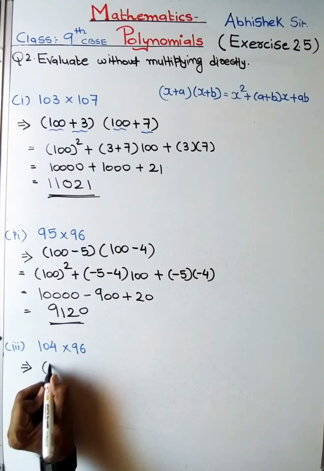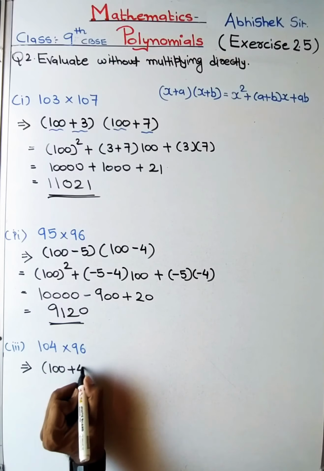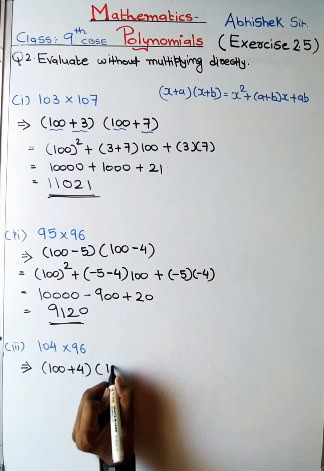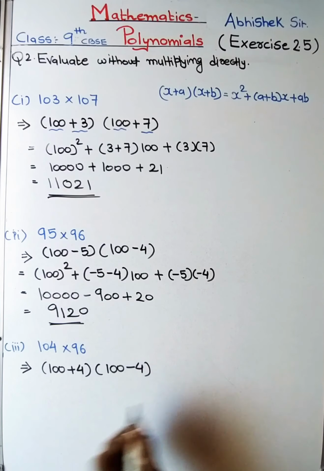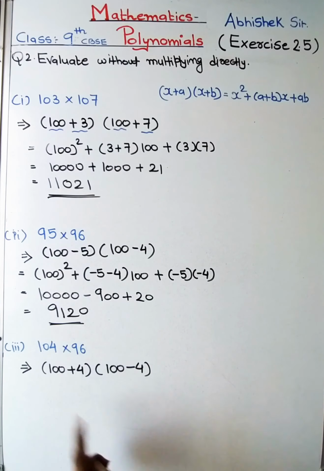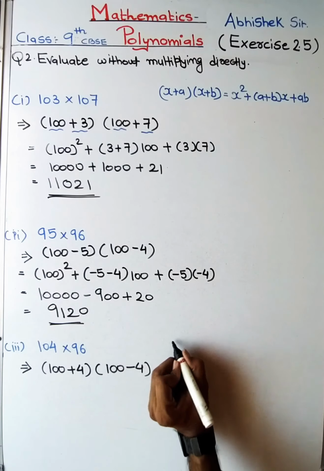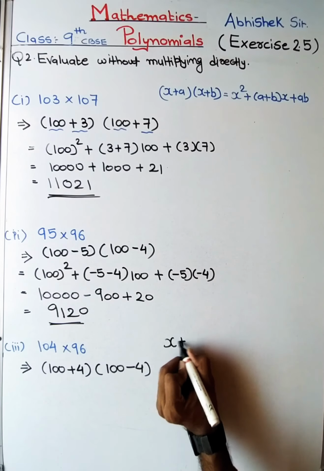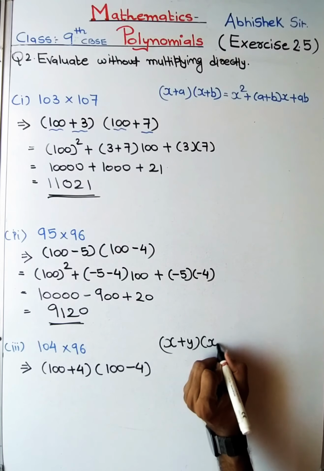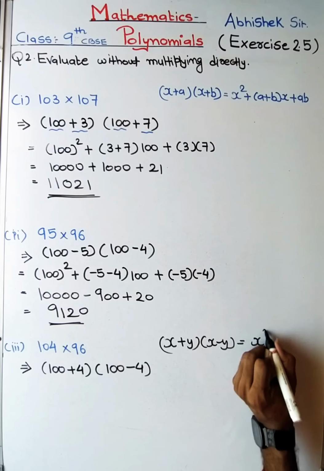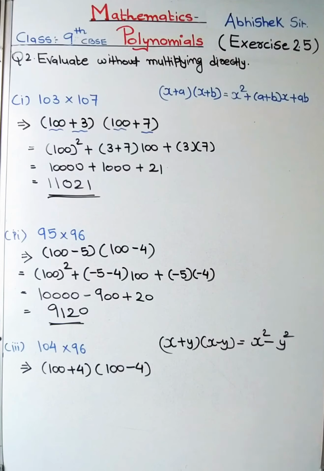Moving on to this question, which combines addition as well as subtraction. That means 100 plus 4 into 100 minus 4. So here we can see first and second term in both the brackets are same, just plus and minus. So we can use this one, x plus y, x minus y, that will give x square minus y square.